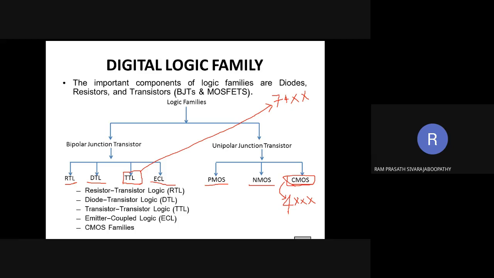Before getting into RTL, DTL, TTL, ECL and PMOS, NMOS, CMOS, we have to know the basic characteristics of digital logic families. Characteristics of a digital IC means certain parameters.